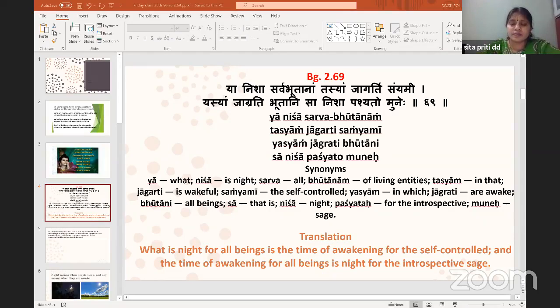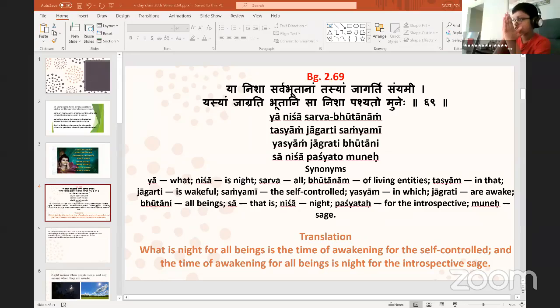Yanisha, Yes, Mataji. Yanisha, Isha. Sarvabhutanam. Sarvabhutanam. Yanisha, Sarvabhutanam. Yanisha, Sarvabhutanam. Yanisha, Sarvabhutanam. Yanisha, Sarvabhutanam.